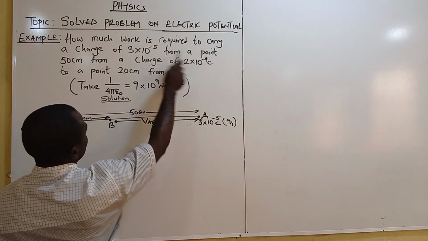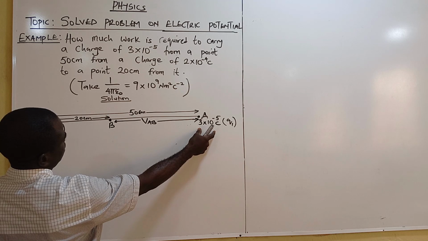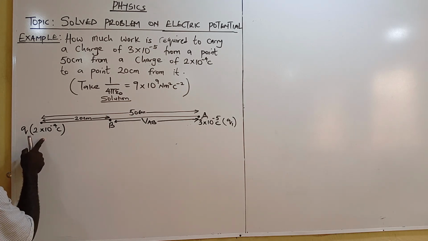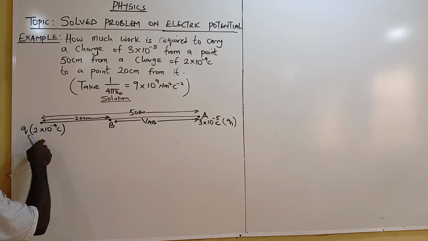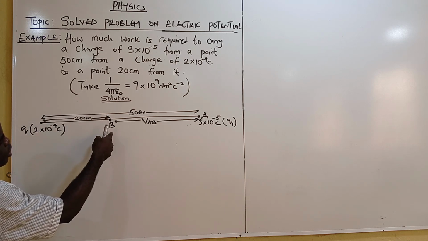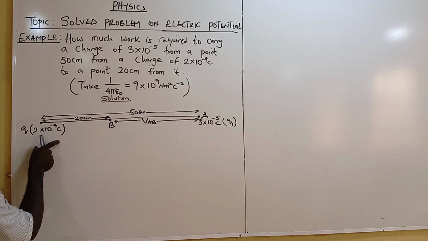How much work is required to carry a charge from a point 50 centimeter from a charge of 2 times 10 minus 4 to a point, this is the resident charge and is the one that we're going to be considering.